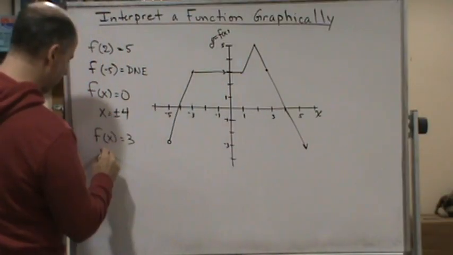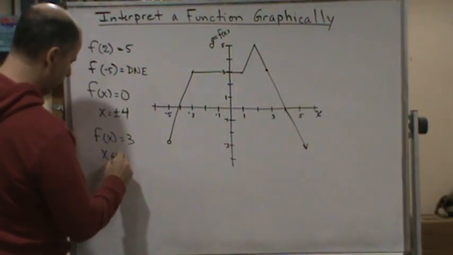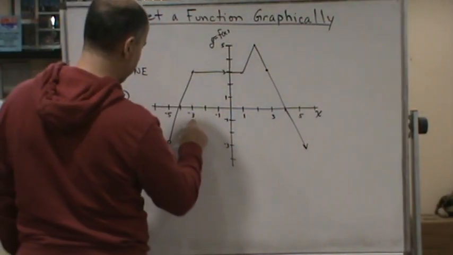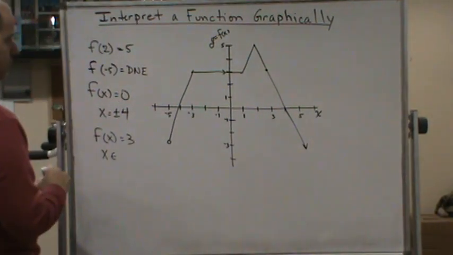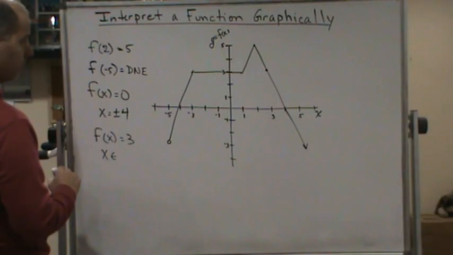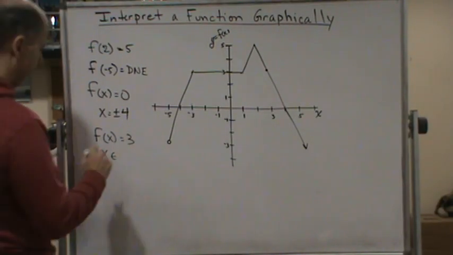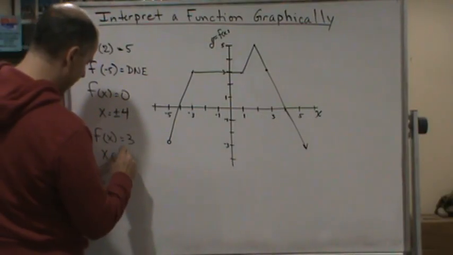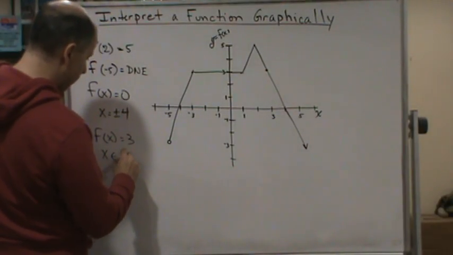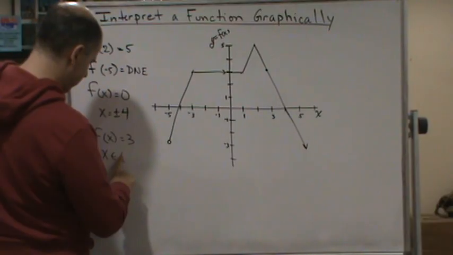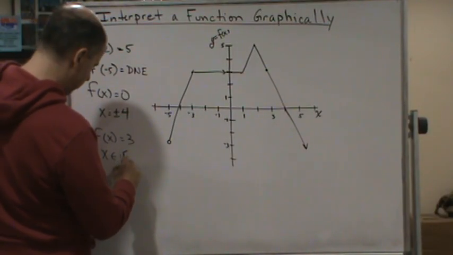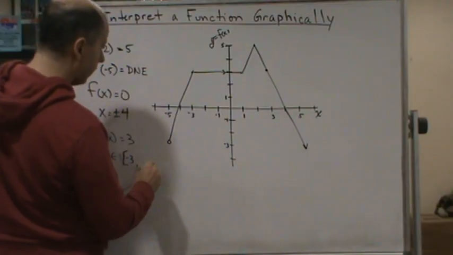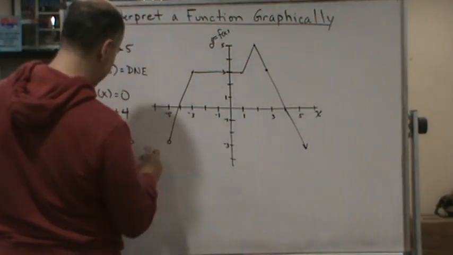So that means that x is going to be from negative 3 to 1. So negative 3, so we're including negative 3, comma, to 1.